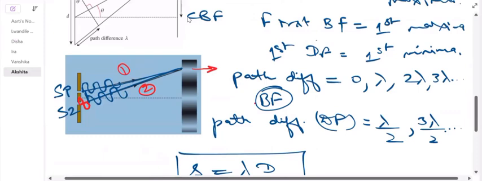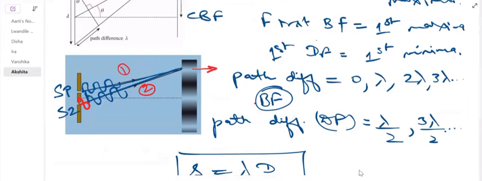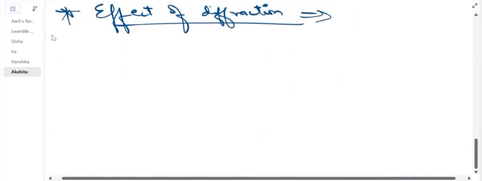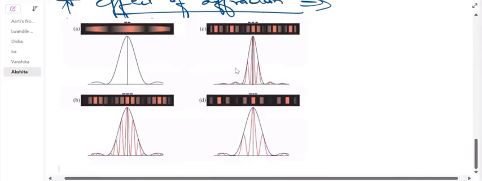Okay, so how the diffraction pattern is happening, that we have to check over here. Let me show you how it happens. Check this picture. What is happening over here is, this is the central maxima, then this is a dark fringe, then this is the first bright fringe on the left hand side.